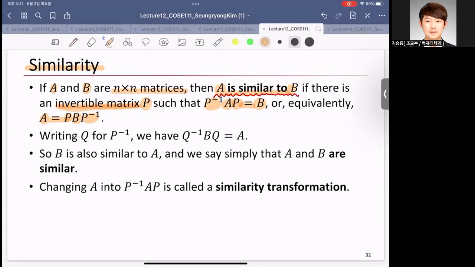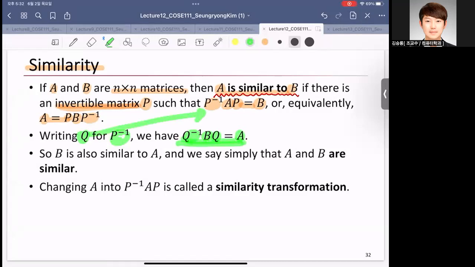Writing Q for P inverse, then we have Q inverse B Q equals A, by just substituting this one.